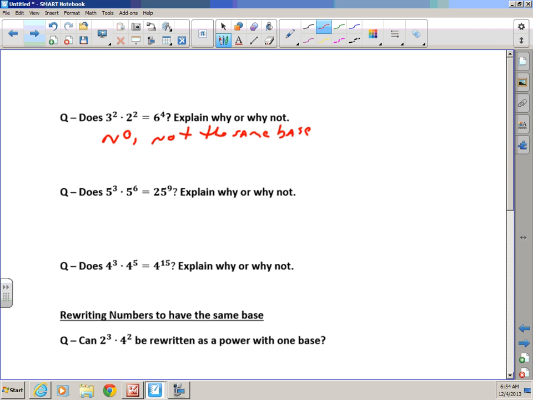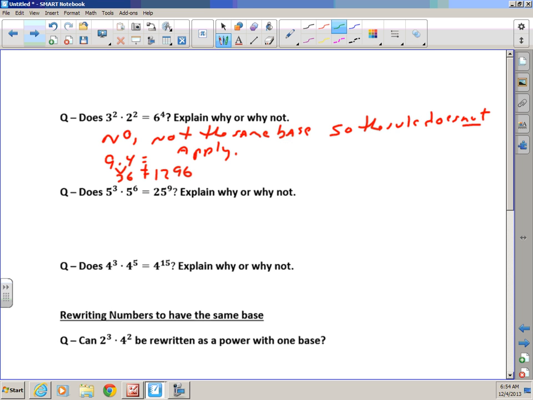One is a base of 2, one is a base of 3. So the rule does not apply. And how can you check that? Well, if you just evaluated this, 9 times 4 gives you 36. 6 to the 4th power is 1296. And you can see that they're not equal to each other.